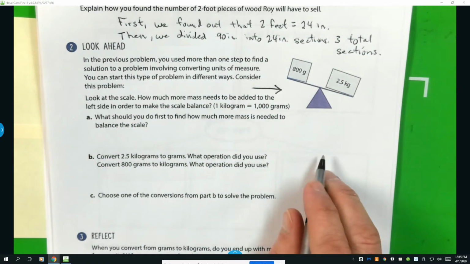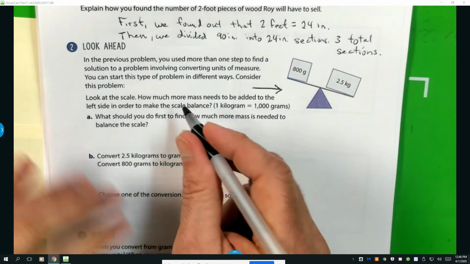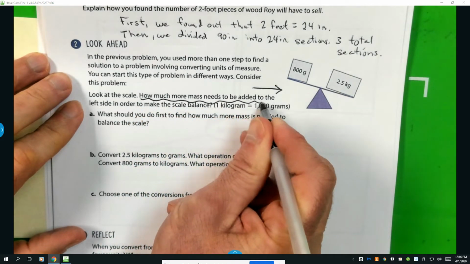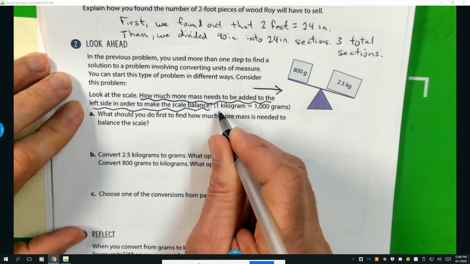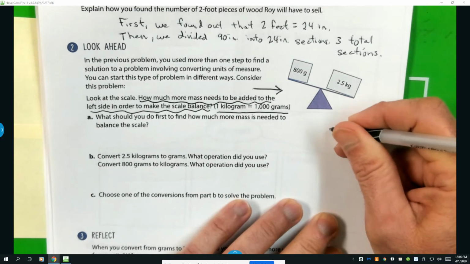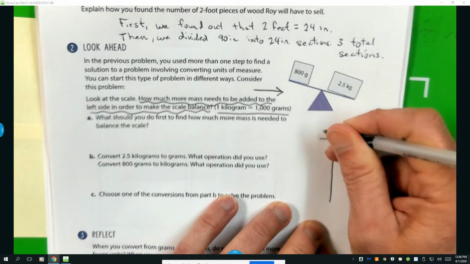Okay, now let's start with just taking this information right here. Look at the scale. How much more mass needs to be added to the left side in order to make the scale balance? 1 kilogram is 1,000 grams. So I would start here. Start with your kilograms.